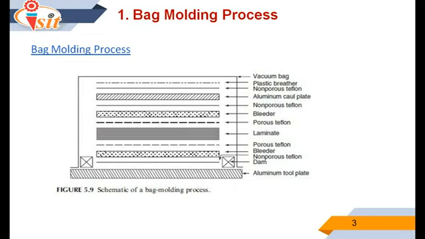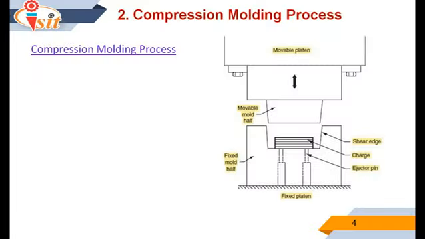Now in today's lecture we are going to see the compression molding process, and how we can use it for manufacturing composite material. We can provide different kinds of shapes to the composite laminates so that they can be used for application purposes. This schematic diagram gives you a little idea of the setup for compression molding.